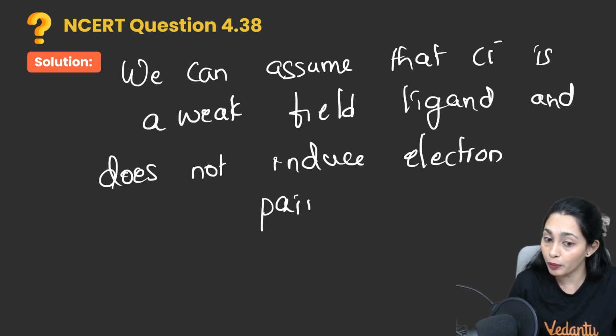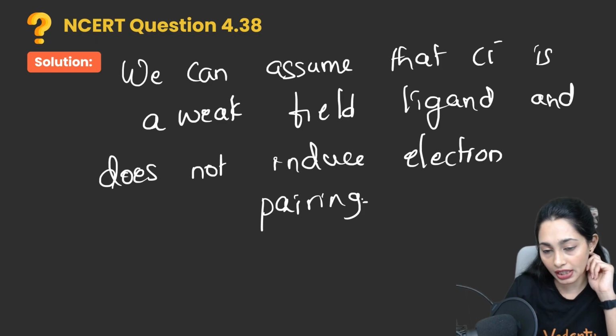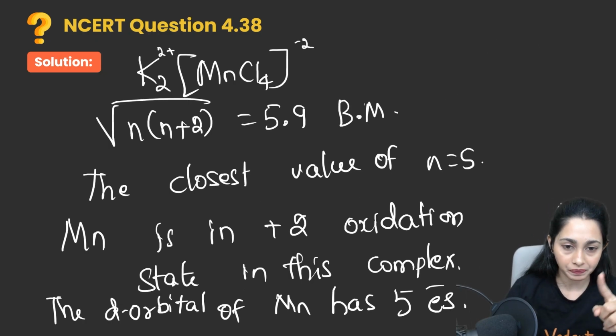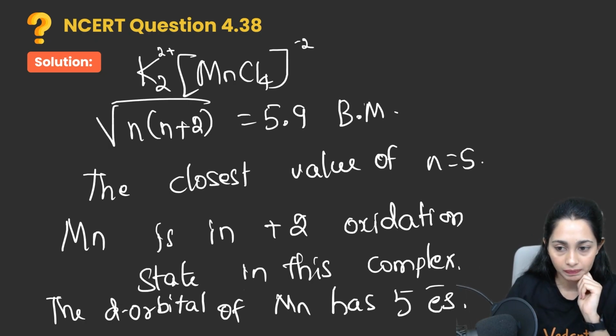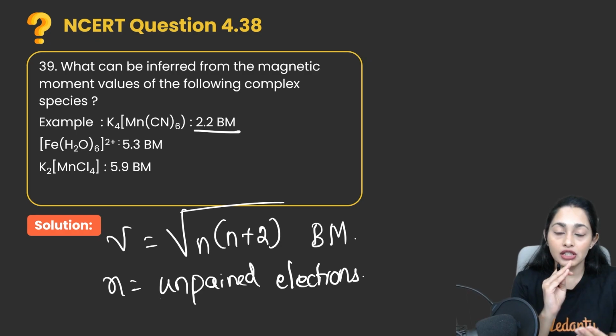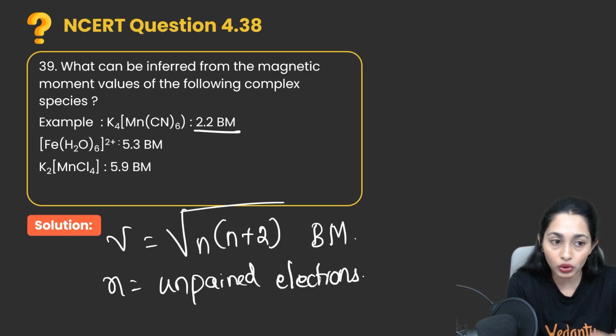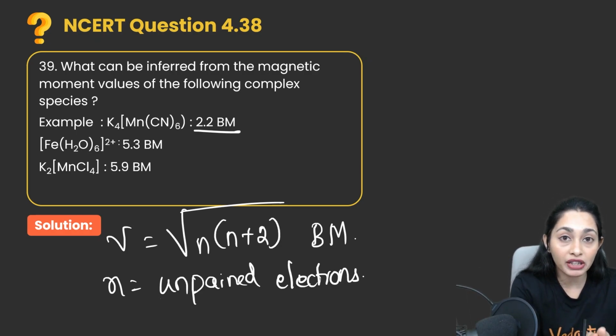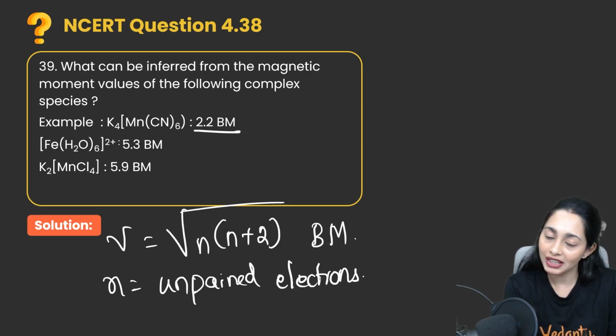That's why the magnetic moment is more here, which is equal to 5.9 Bohr magneton. Okay. So this is very simple. So even though you know if it is a strong field ligand or weak field ligand, you have to give the justification with respect to the magnetic moment they have given.